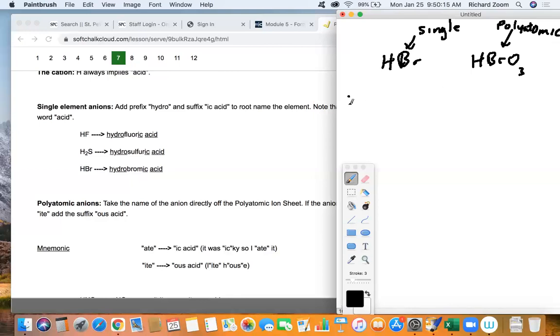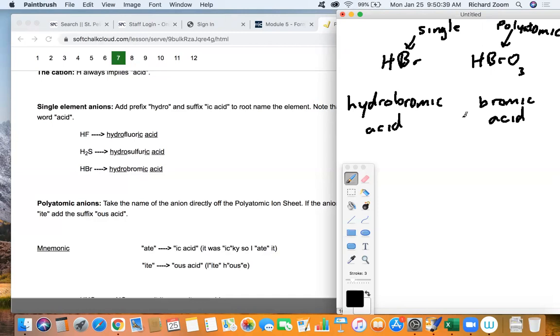So the name of this one is hydrobromic acid, where the acid part is the H plus. And this one here is called bromic acid. So you can see why it's important for us to be able to distinguish between these.